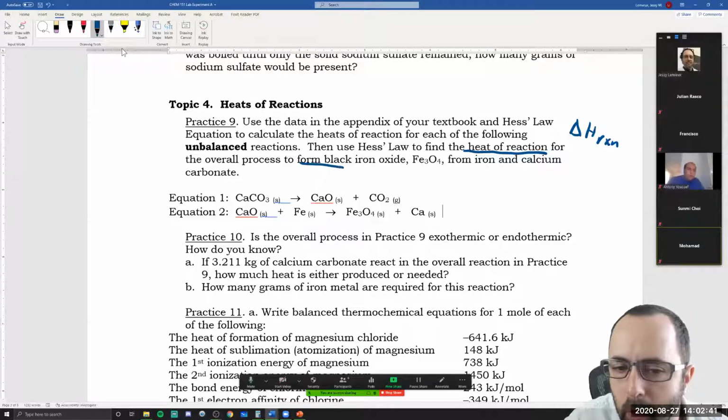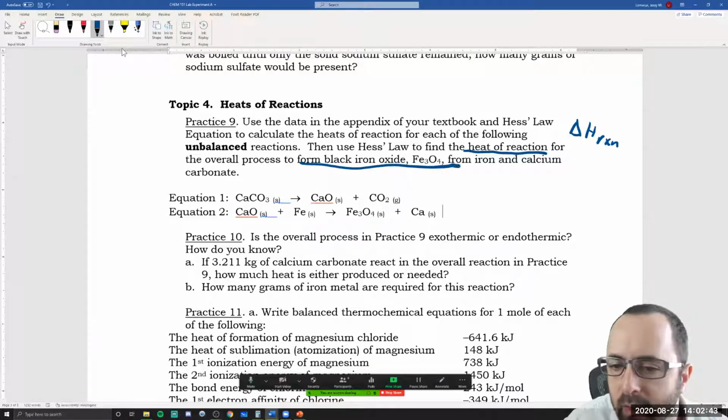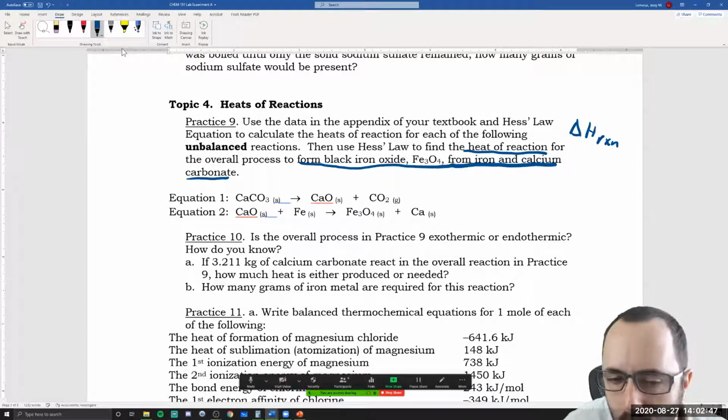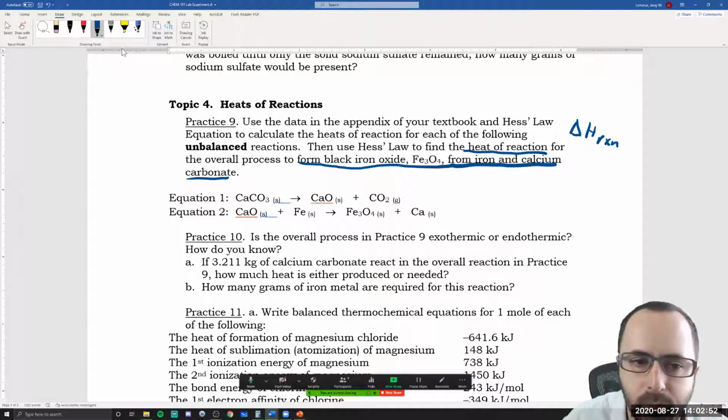So we're going to form black iron oxide, and this is going to be formed from iron and calcium carbonate. So let's write out an equation that would represent that.